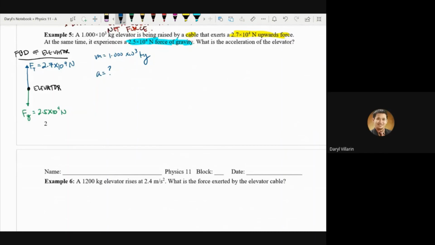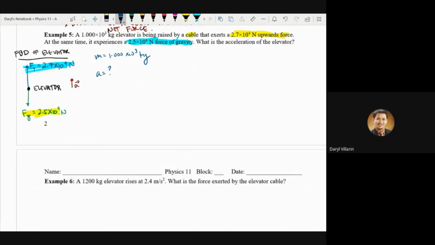So if you can see here, from the free body diagram itself, you can already identify that the elevator would be accelerating upward. Again, how do I know that? Well, the force going up is bigger than the force going down. So this object must be accelerating upward.